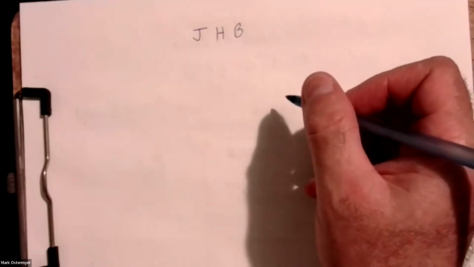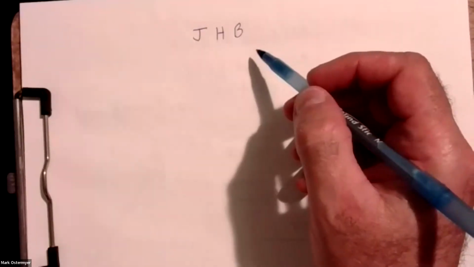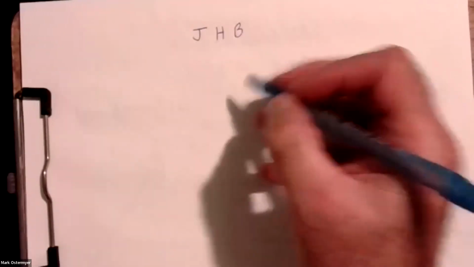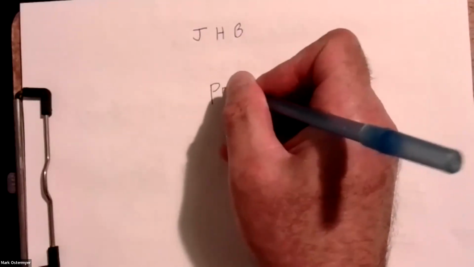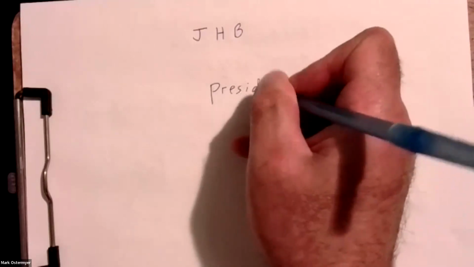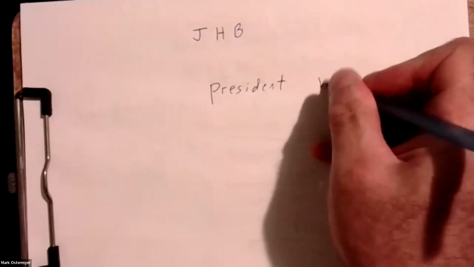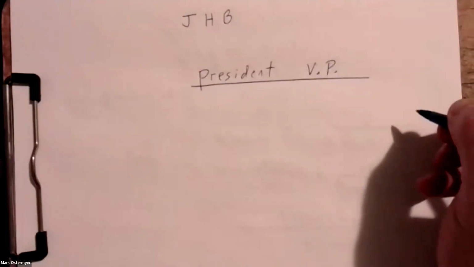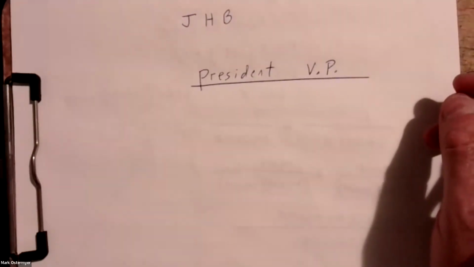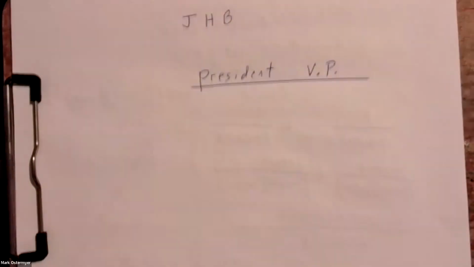If I wanted to select 2 people from this group, one person is going to take the office of president, and the other person is going to take the office of vice president. Does order matter here, do you think? Does order matter in how I select these 2 people? President versus vice president. Yes, order is going to matter here.